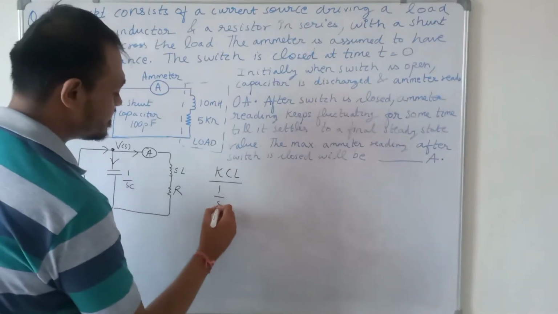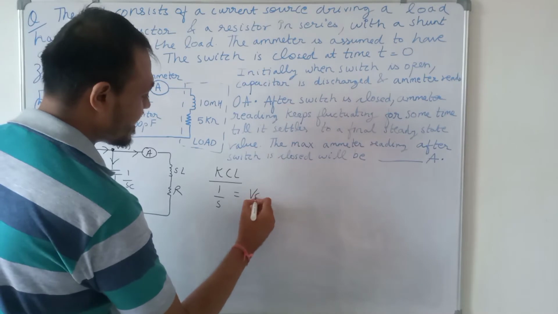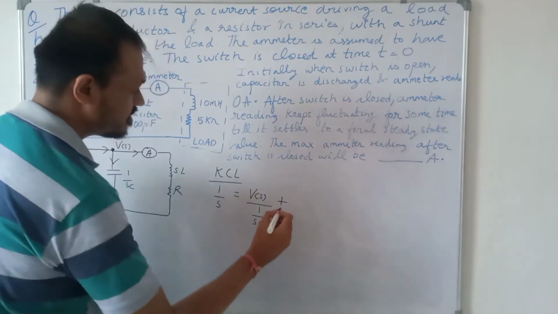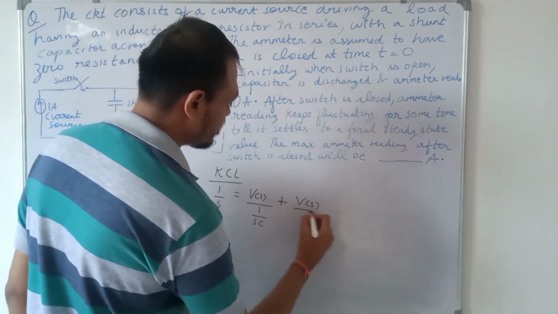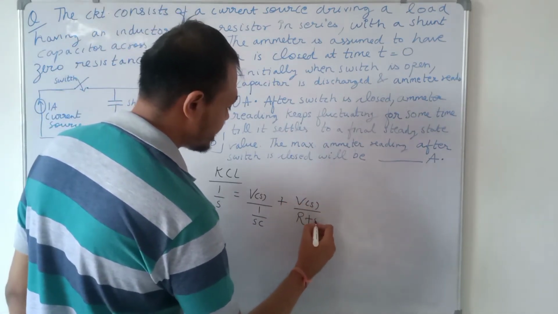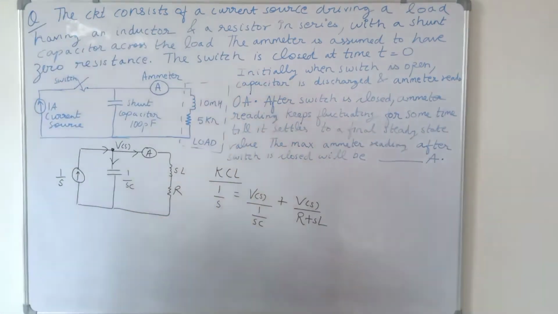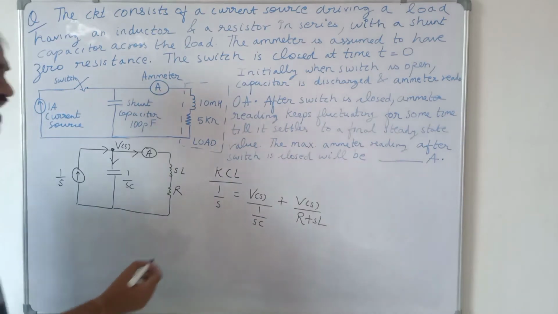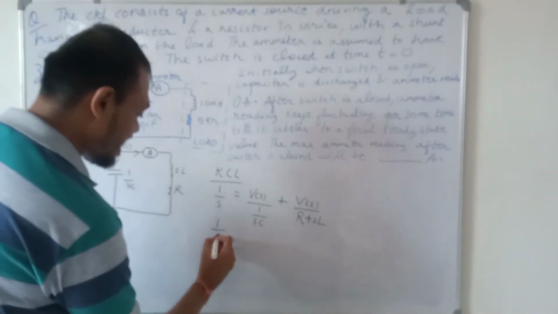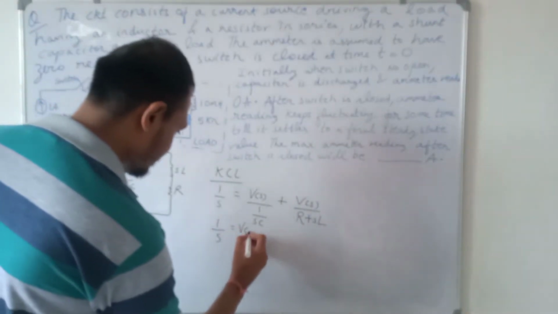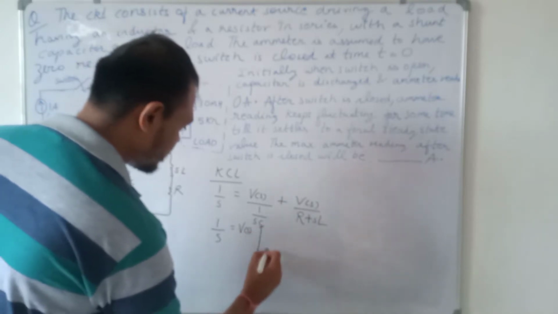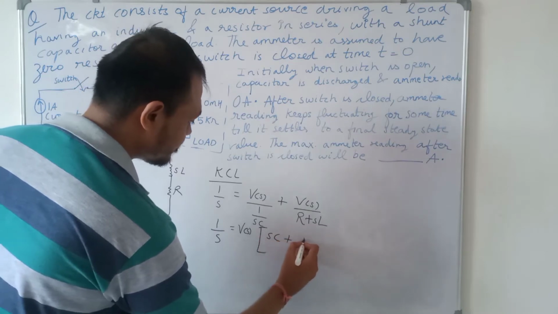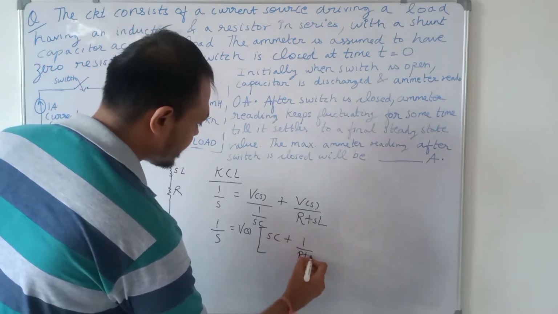So 1 by S is equal to V of S upon 1 by SC plus V of S upon R plus SL. So these are the two currents. We can write it as 1 by S is equal to V of S, taking V of S common, and 1 by SC will go above, so it will become SC plus 1 upon R plus SL.